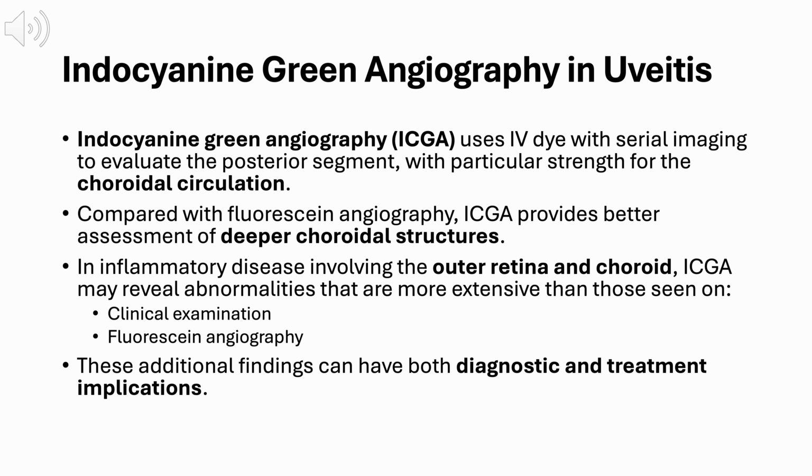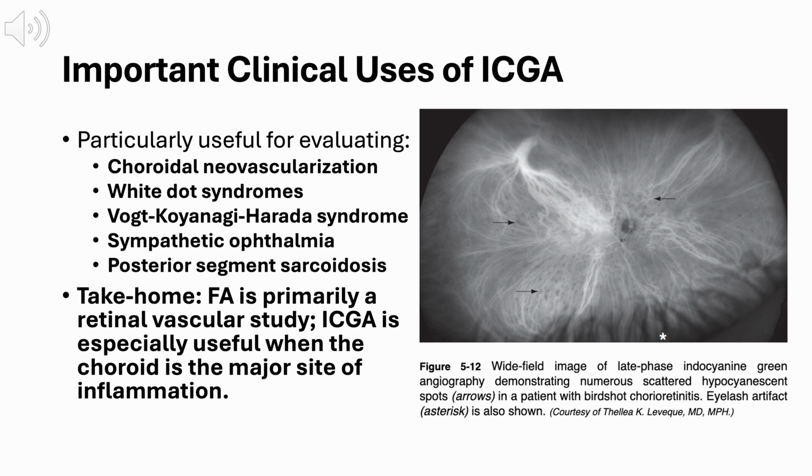So in inflammatory disease of the outer retina and choroid, ICGA can reveal abnormalities that are more extensive than what you see on clinical exam or on fluorescein angiography. And those extra findings carry both diagnostic and treatment implications, sometimes revealing active choroidal disease that would otherwise go unrecognized.